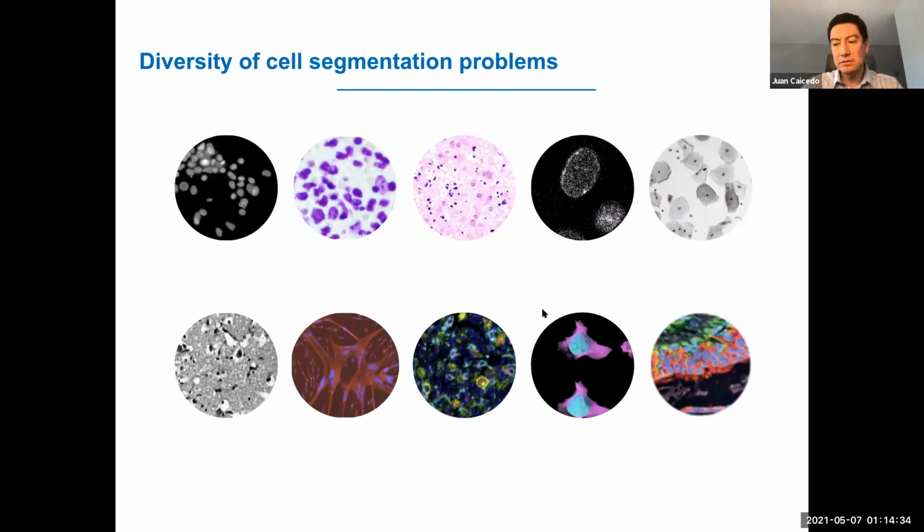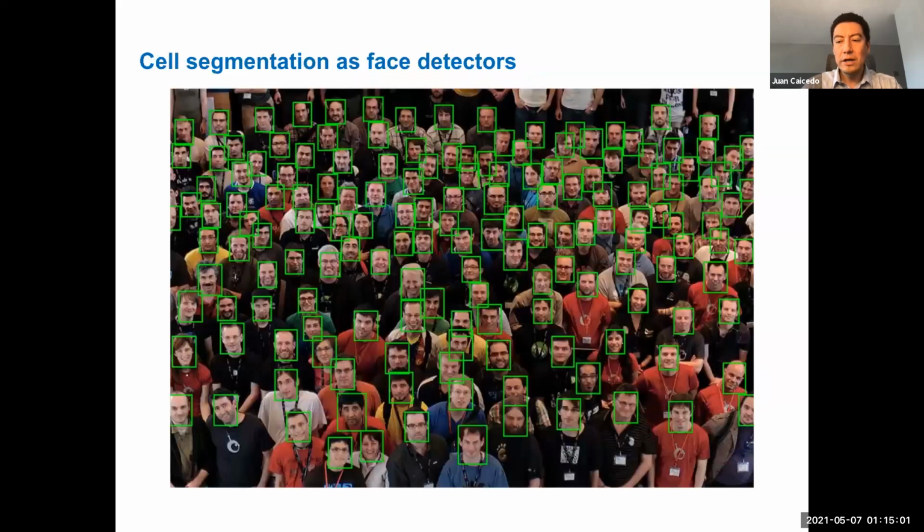And that prevents a lot of progress in labs, because they either stick to the known type of image protocol and segmentation algorithm, or if they change anything, they have to spend more time and energy into segmenting those images. So what we started investigating a while ago is what if we make segmentation algorithms for cells that work as well as face detectors?